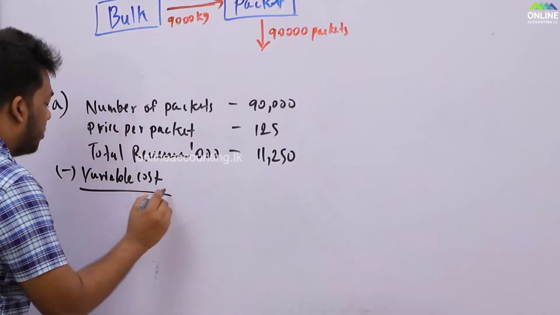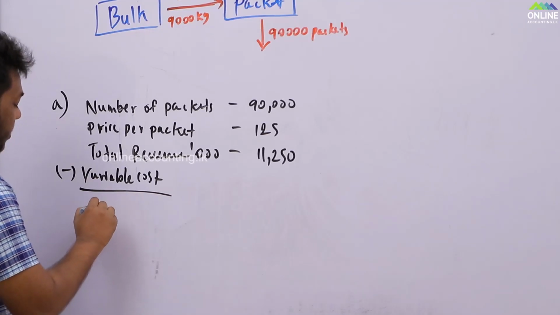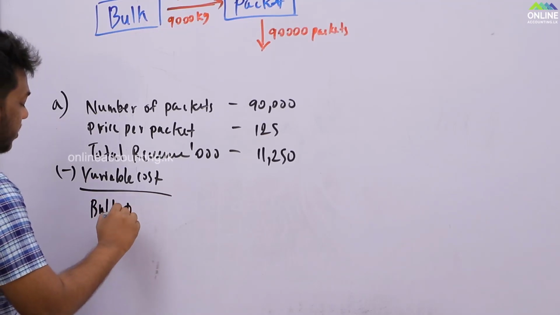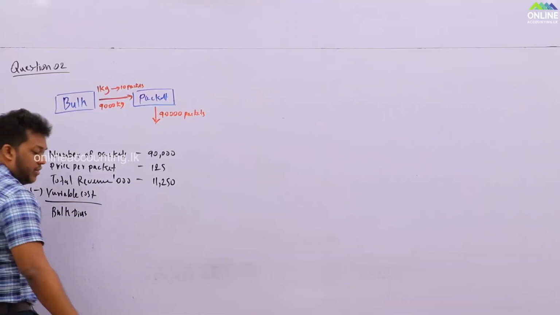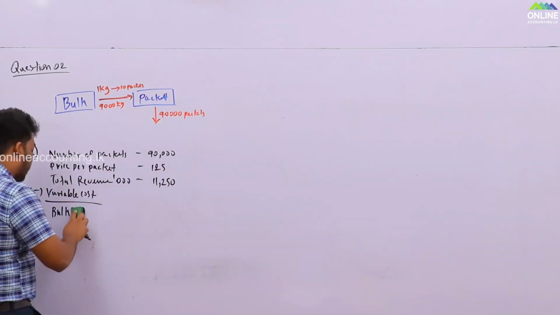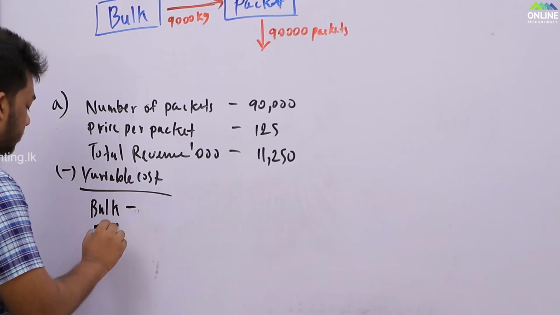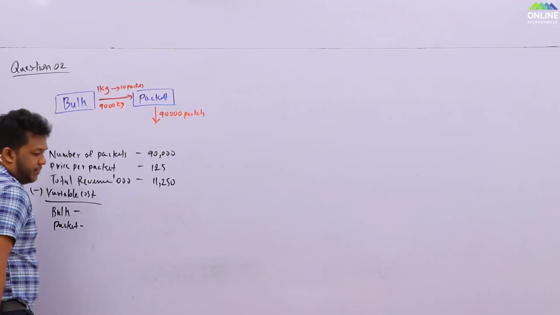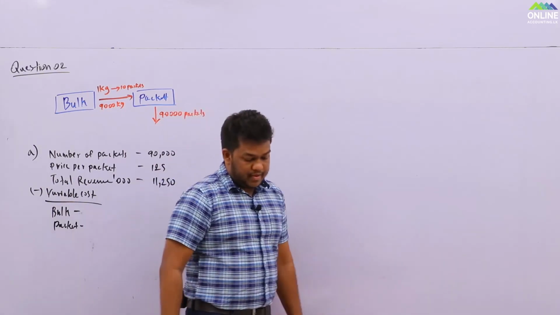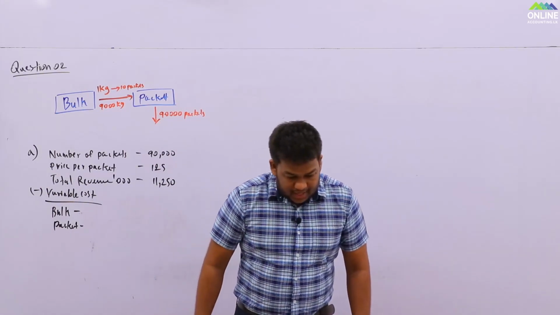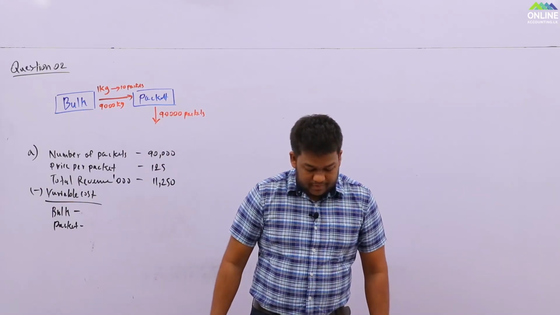So variable cost you will have from two different departments: bulk division and packet division. So bulk division, they are transferring 9,000 kilograms.